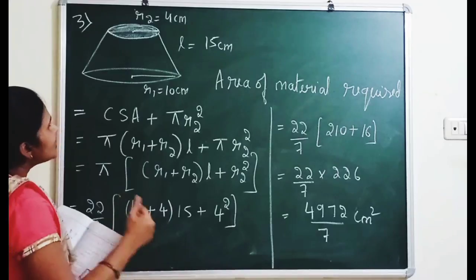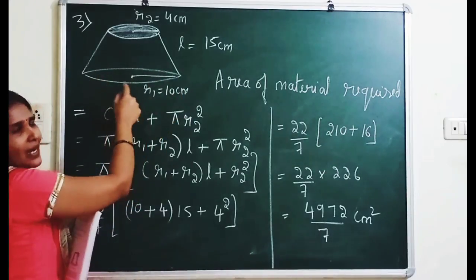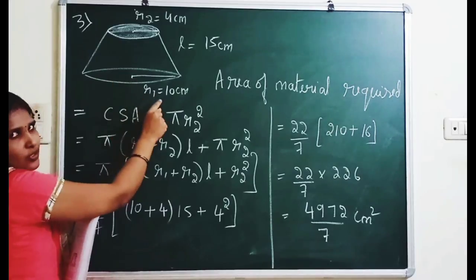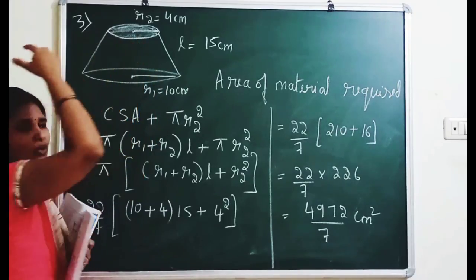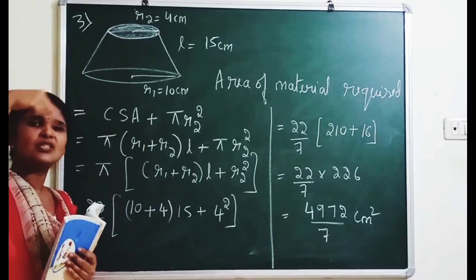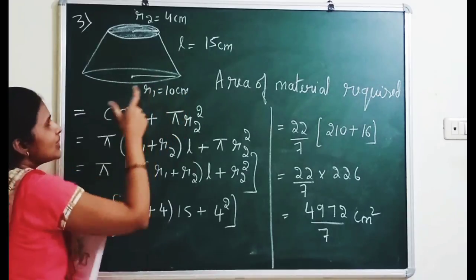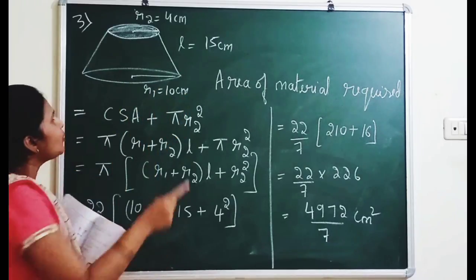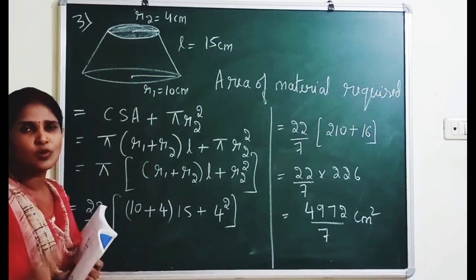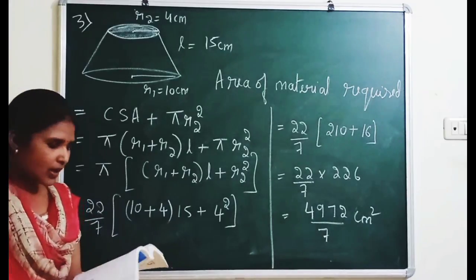You can just observe the cap: the wider opening will not be closed, and this will be closed. Why? Because whenever we keep the cap, the opening of bigger area is open and the smaller area is closed. It is common sense that one end of the cap is closed and the bigger end is open to keep on your head.